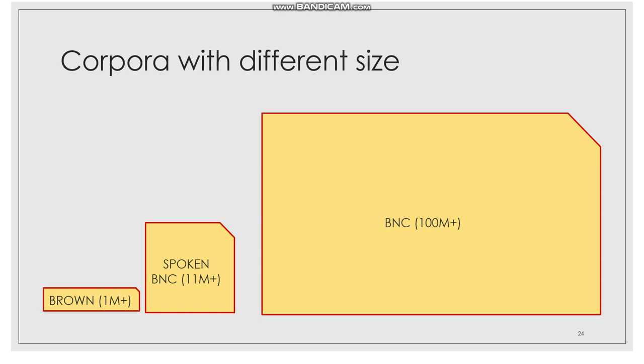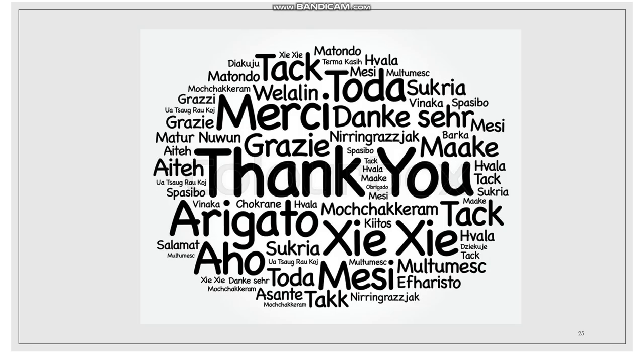The British National Corpus is 100 times larger than Brown Corpus and 10 times larger than spoken British National Corpus. Relative frequency can help you make frequency counts comparable because it takes into account the size of each corpus.